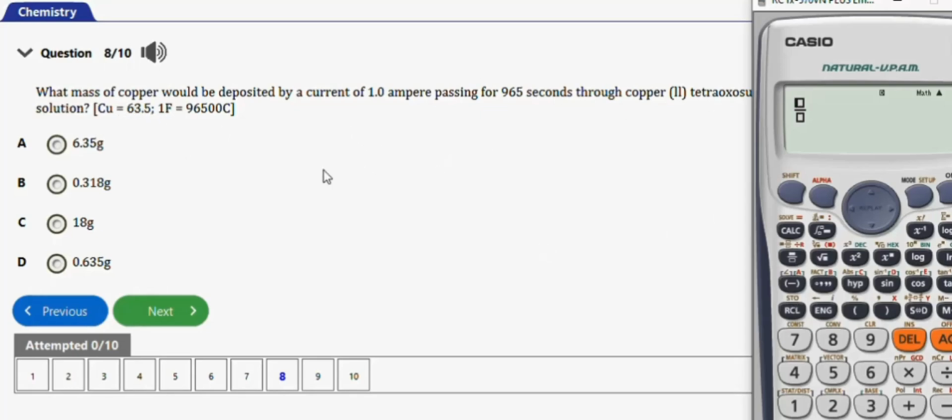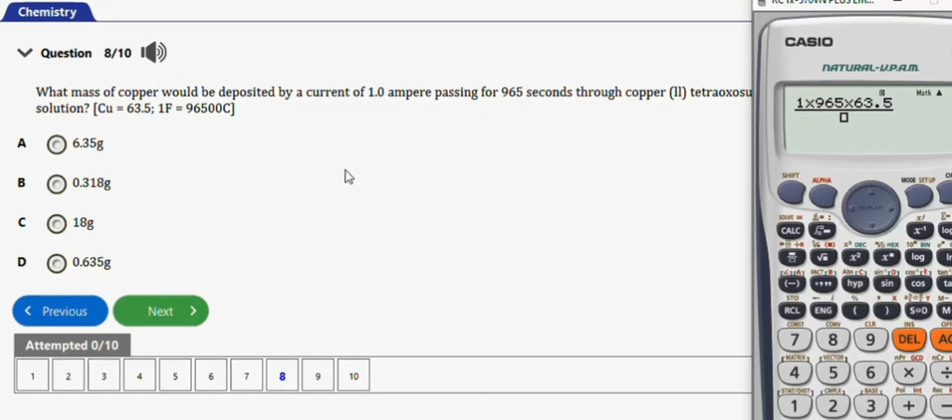So the quantity of electricity will be 1 ampere times 965 seconds, then times the mass number of copper, which is 63.5, then over, we are dealing with the number of coulombs.